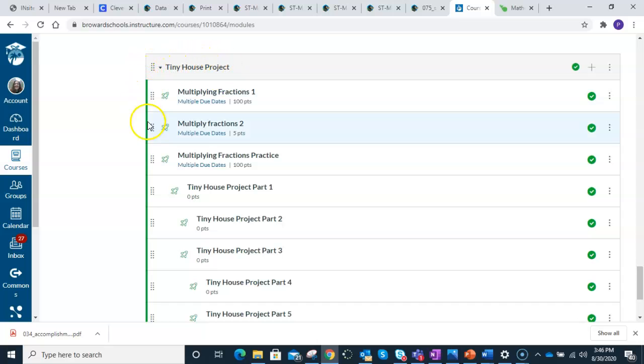Okay, there's going to be a couple things added here. This is where you're going to get this video, but you're going to go to Tiny House Project. And Tiny House Project is going to have several things for you to do. But the thing that I need you to do for today, after this video, is multiplying fractions 1. And I also need you to do multiplying fractions 2.